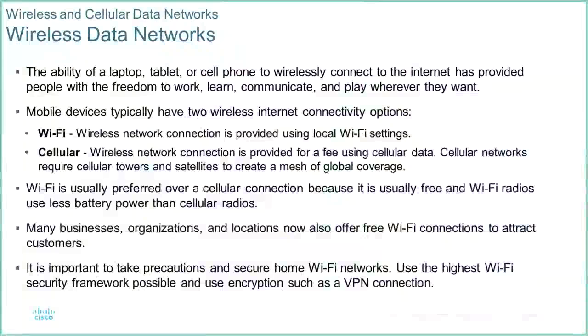Alright, so we know wireless is used in these mobile devices to provide data connectivity. Most common is Wi-Fi and mobile, so your 3G, 4G and 5G coming out for your mobile devices.